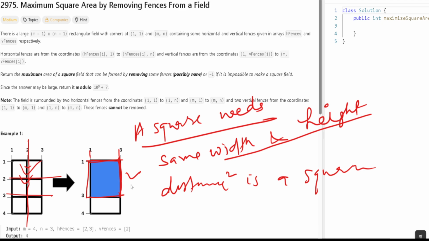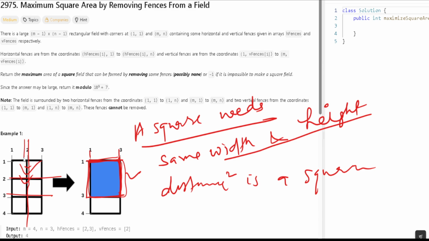So the golden reason is the largest square we can form by removing this part. If we know the distance from here to here, then we can easily do that. But this distance is divided by the vertical fences, and the height is only divided by the horizontal fences.